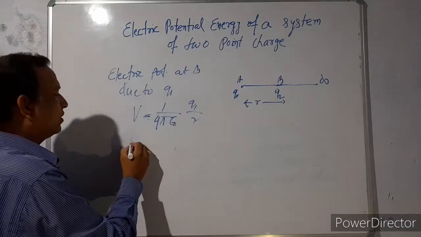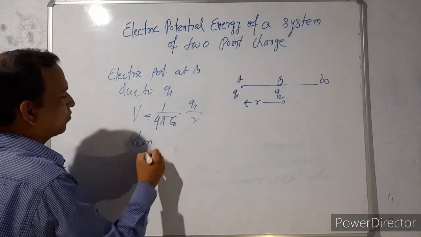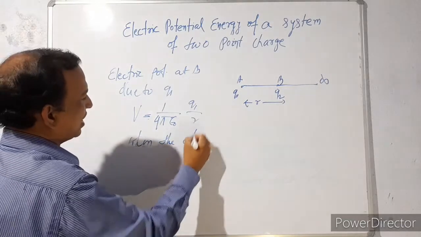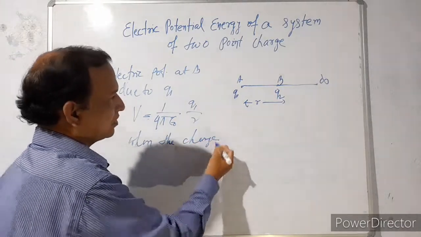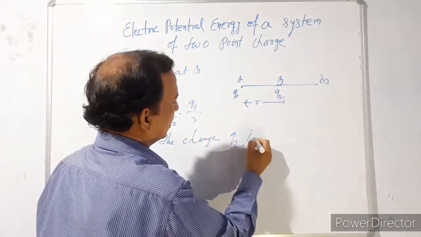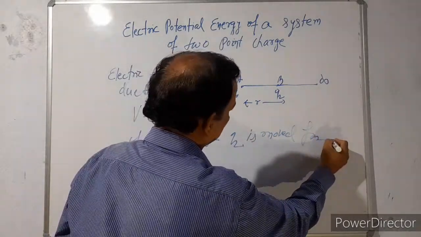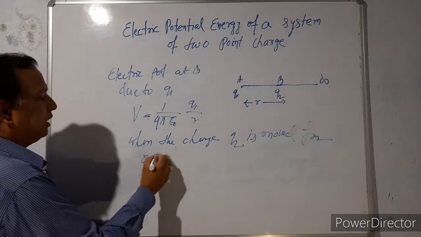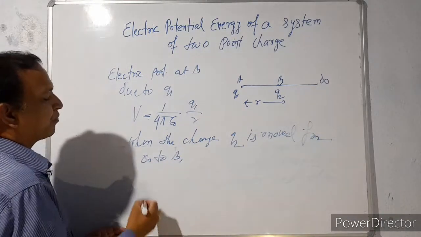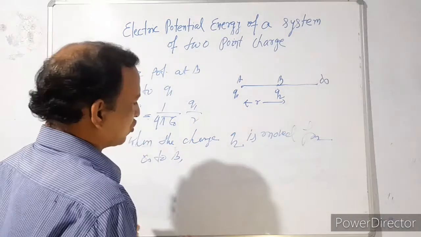So when the charge Q2 is moved from infinity to B, some amount of work has to be done.